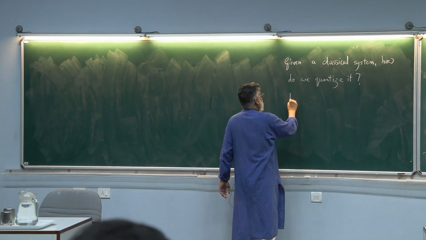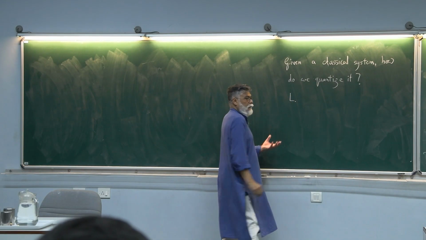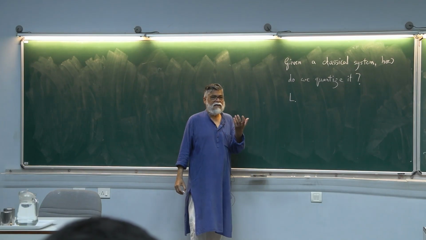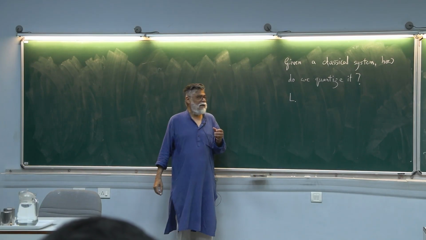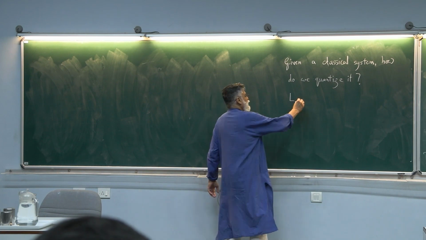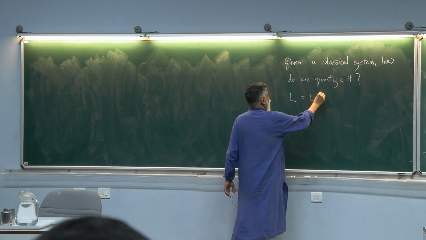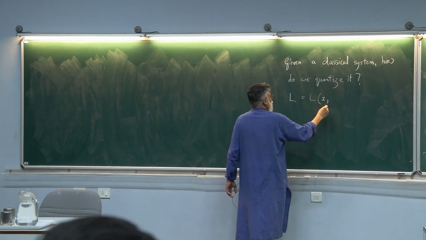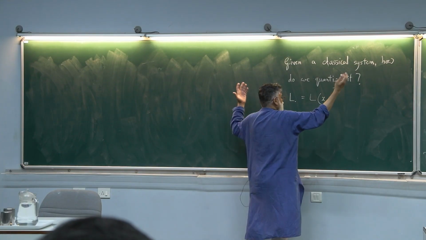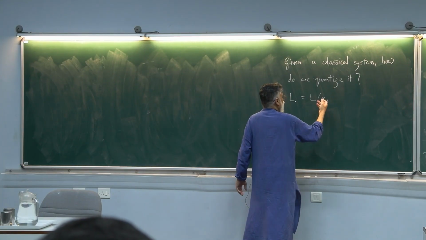Basically, it is the Lagrangian, which is the most fundamental stuff in classical dynamics, and the Lagrangian, we know, is a function of the position, meaning generalized position, which normally you use q.